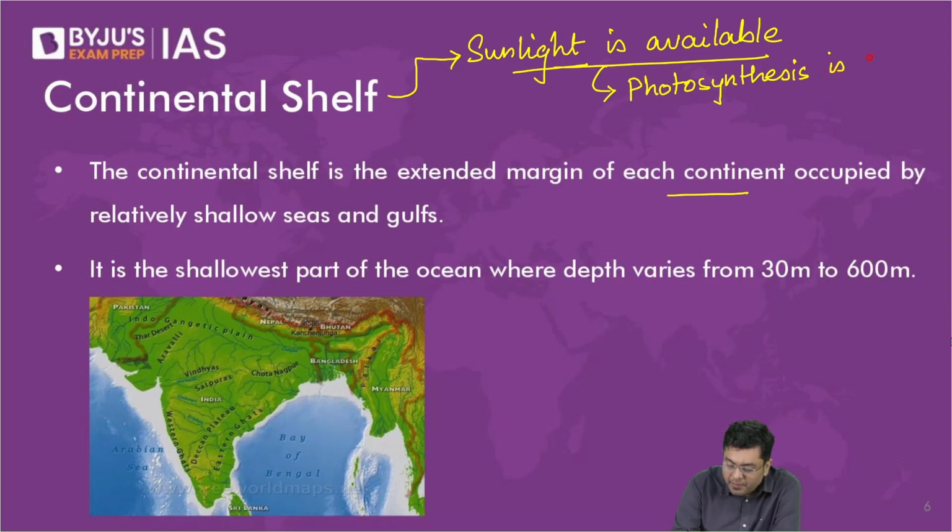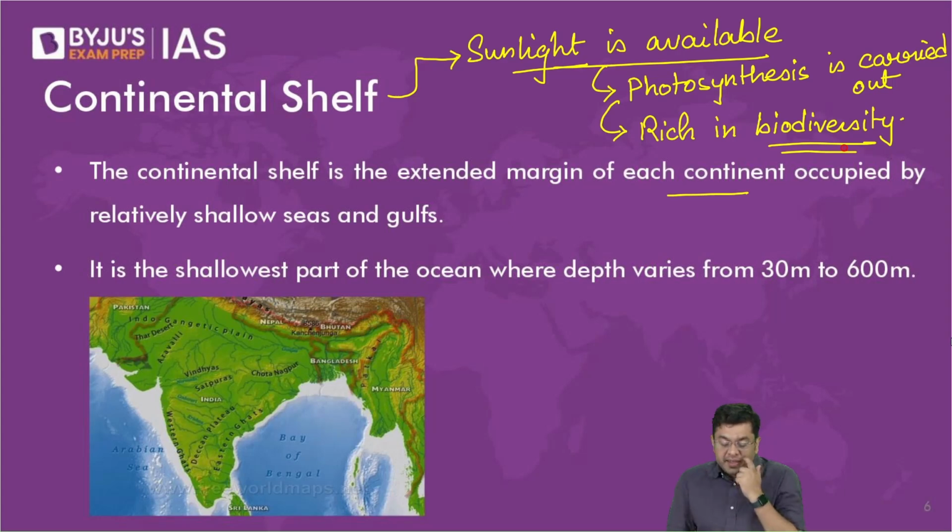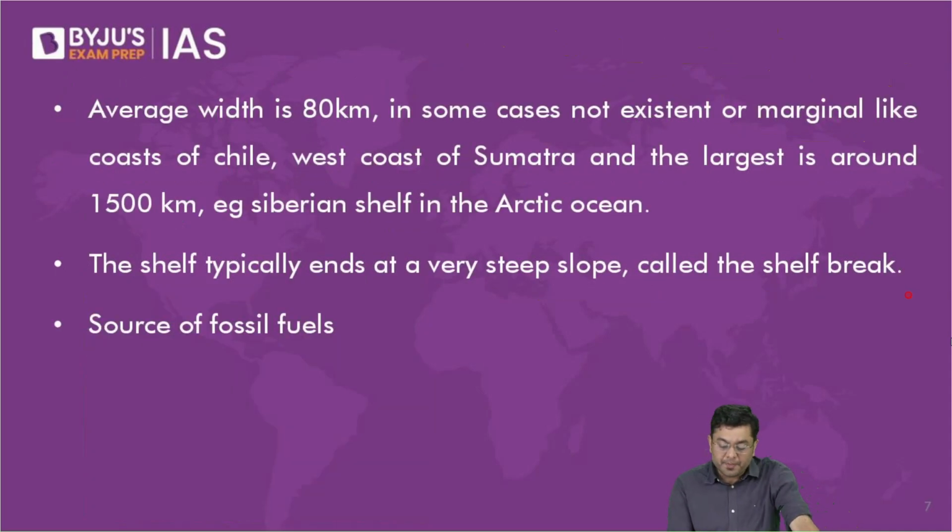You have photosynthesis possible. Aquatic plants, phytoplanktons, then corals, all of them will survive, and as a result, it is significantly rich in biodiversity. Okay?